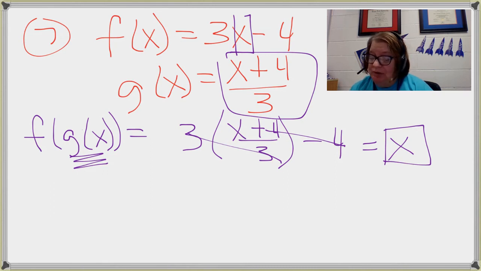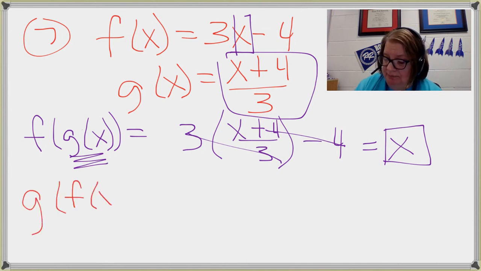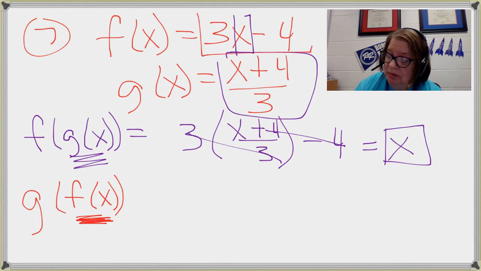Okay, that went a little fast. We took the g of x. G of x was x plus 4 divided by 3. Use that to replace the x in function f, and everything canceled except the x. Now do the other way, g of f of x. What's in the parentheses? F of x. What is f of x? 3x minus 4. Where are we going to plug it in?